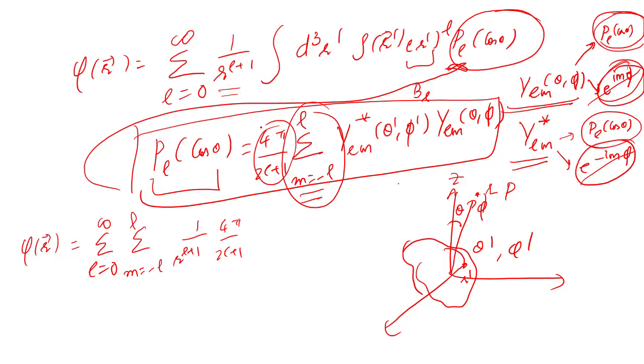That's just there to make sure that the orthogonality relationship is normalized, that is, when you do the integral, you get 1.